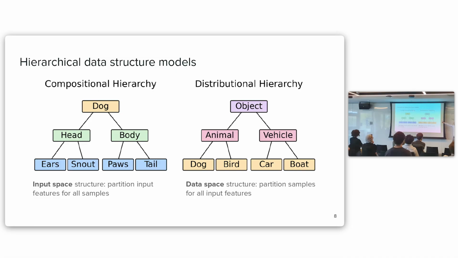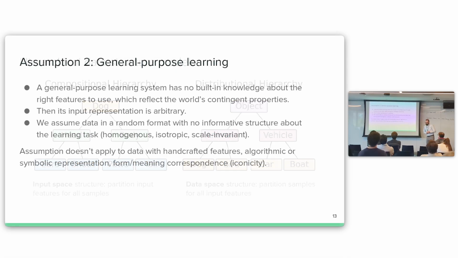We might also be interested in a distributional hierarchy. Here we have, say, the set of all objects, and that might be related to the bitter lesson that has been mentioned a few times: if we have a general purpose learning system, such as a neural network, that has no built-in knowledge about the right features to use, then its input representation is going to be arbitrary.